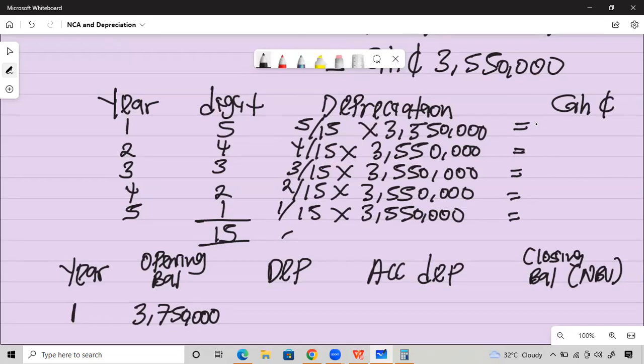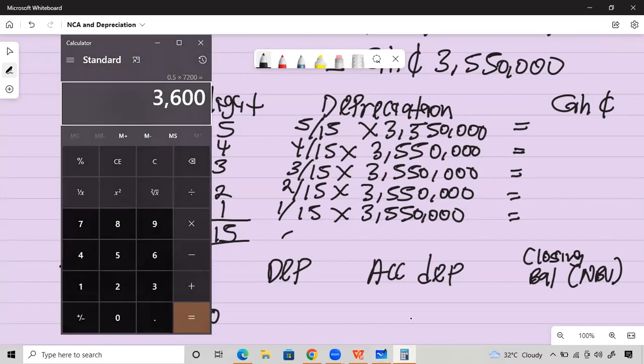Assuming it's using the fast method, it could have been quicker. But let me do this one first so that you understand what we refer to as this schedule. I'm going to say 5 divided by 15 multiplied by 3,550,000.